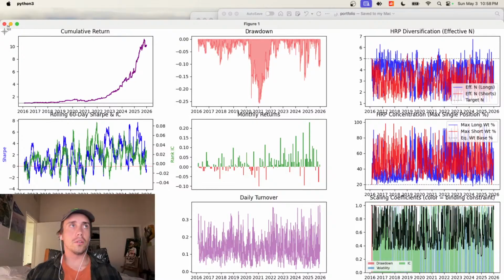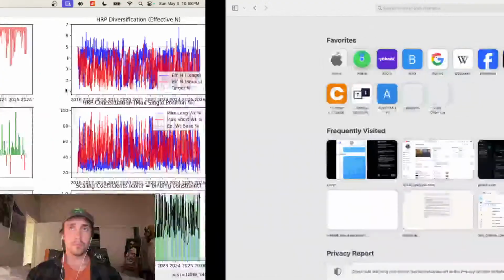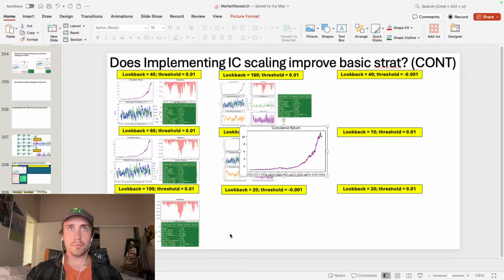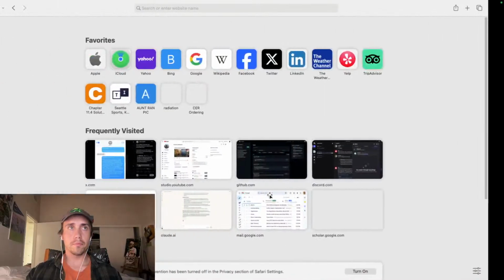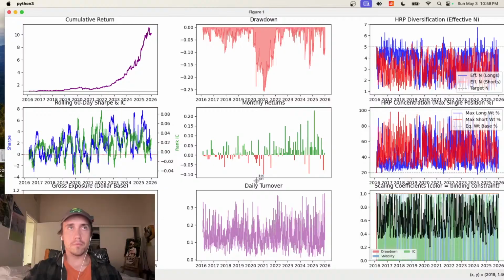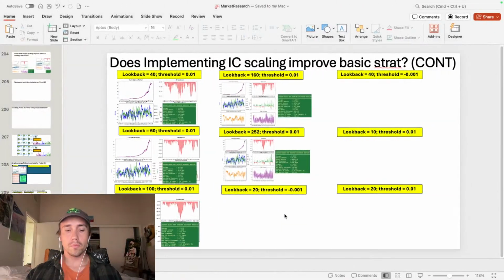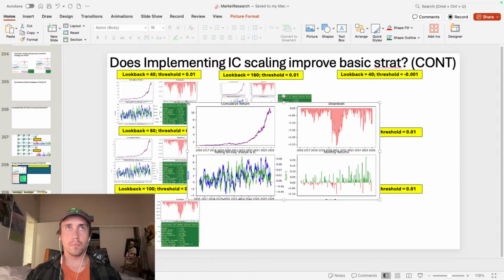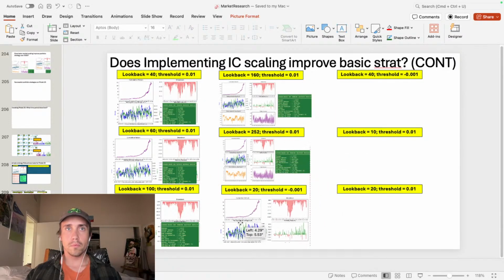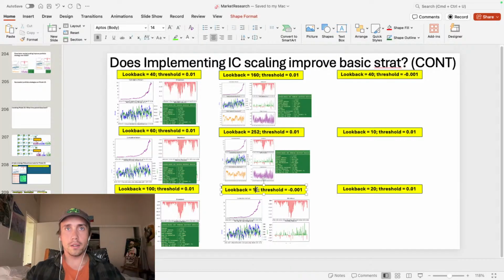So this is a lot noisier, a lot more sensitive to drawdown, so the gross exposure looks a lot noisier. Alright, so look back 10.